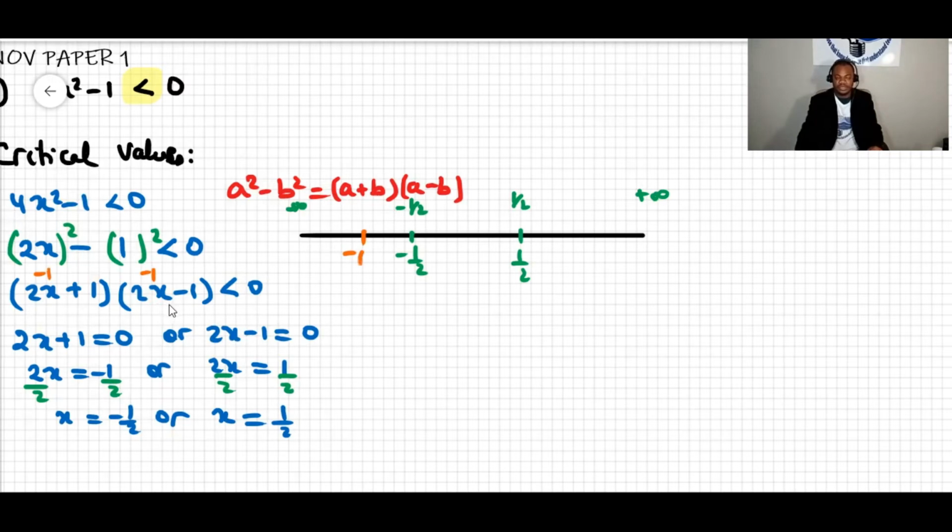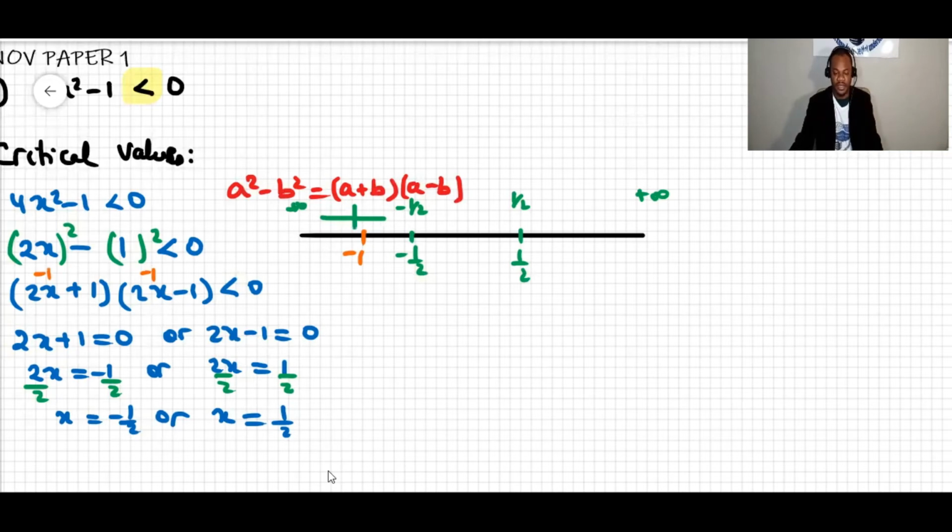Negative times negative makes positive. So in this interval, the solution will always be positive, regardless of the value one selects within this interval from -∞ to -1/2.